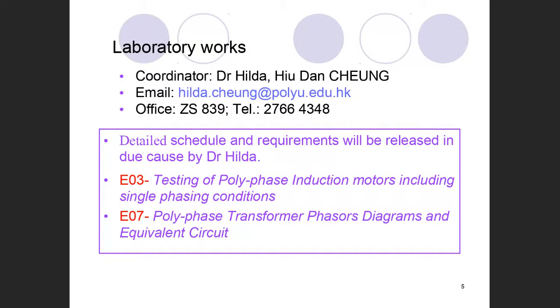We have electrical experiment number 7, polyphase transformer phasor diagrams and equivalent circuit. This will be posted on the Blackboard of the website, maybe on YouTube or on the OneDrive of the university.